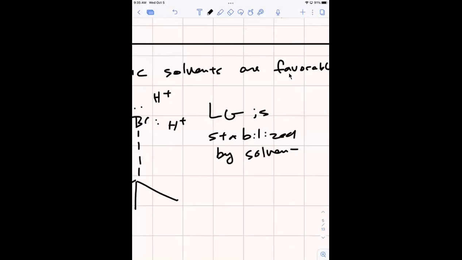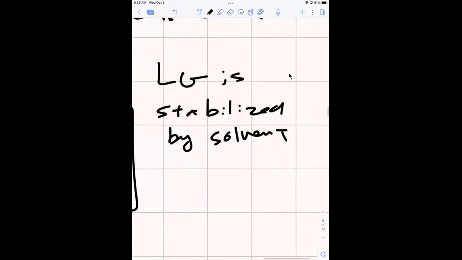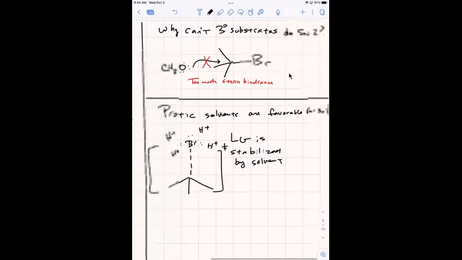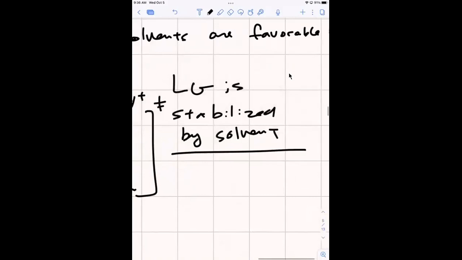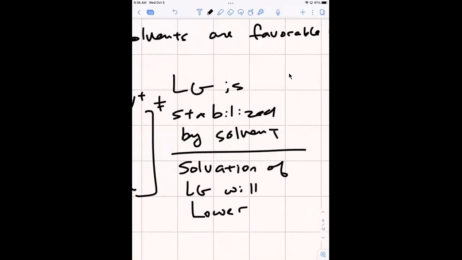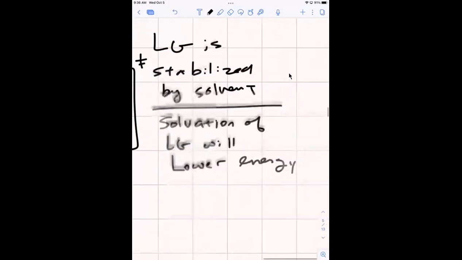Right, and this is in the transition state. So leaving group stabilized by the solvent, which is good. That's going to lower the energy of the transition state.